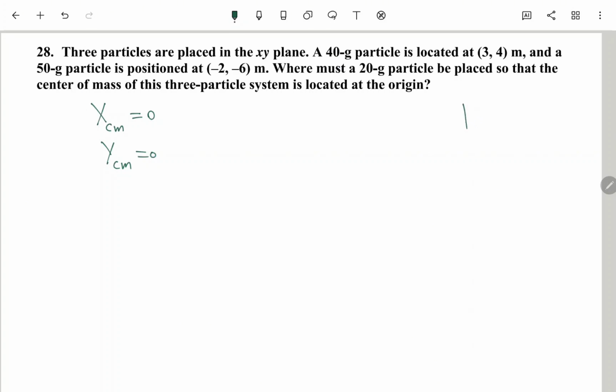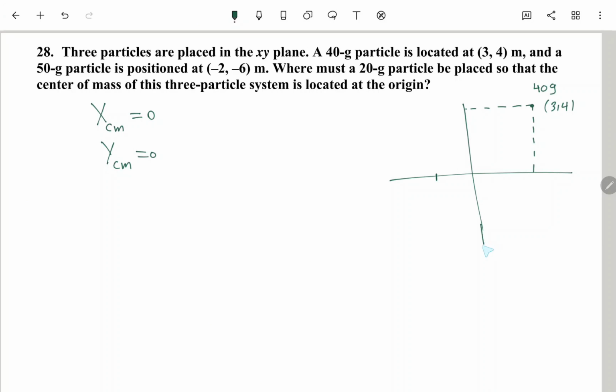Now let's graph the situation. Now this is 40 gram, located, assuming that this is 3 and this is 4. So this is 3 and 4. Now for the second one, the 50 gram is located at -2 and -6, assuming that this is -2.